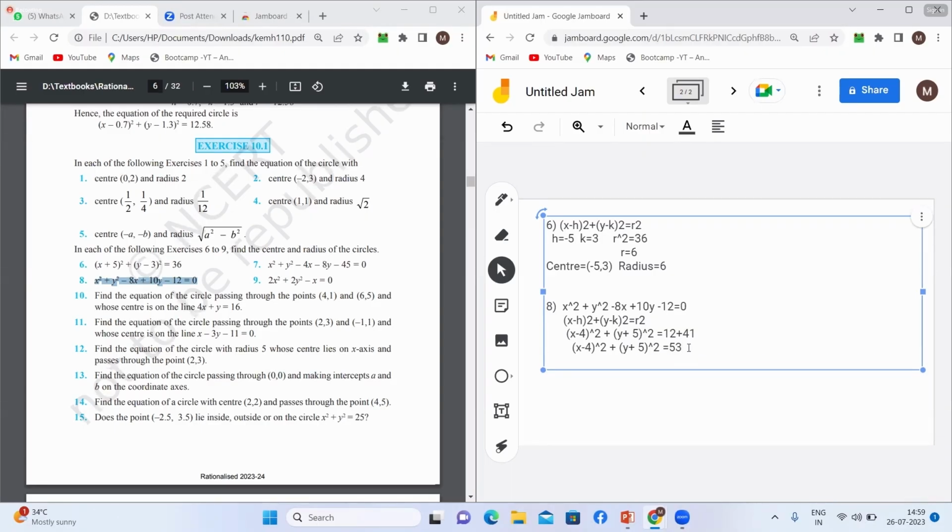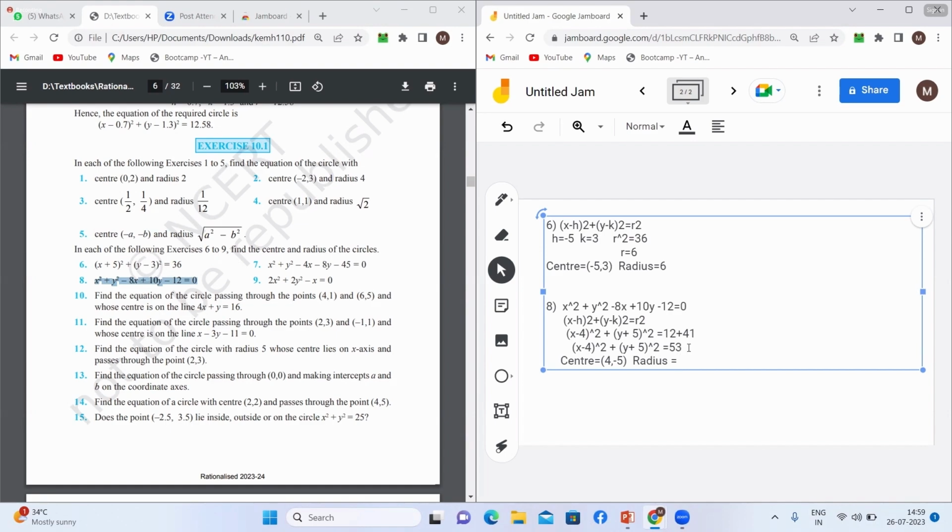So now from here we can easily see that the center of the circle is equal to (4, minus 5), and the radius is nothing but equal to root 53.